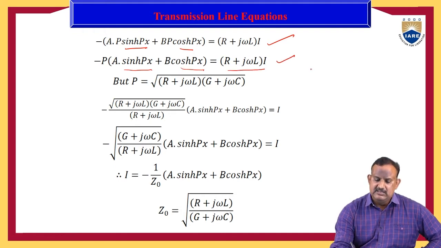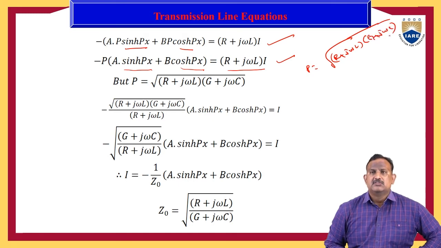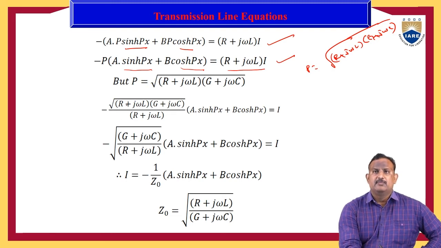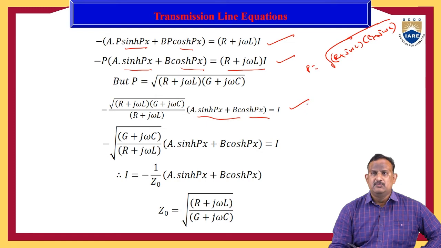But we know that P is equal to the root of (R plus j omega L) into (G plus j omega C). If you substitute the propagation constant value, minus root of (R plus j omega L) into (G plus j omega C) by (R plus j omega L) into (A sin hpx plus B cos hpx) is equal to the current.